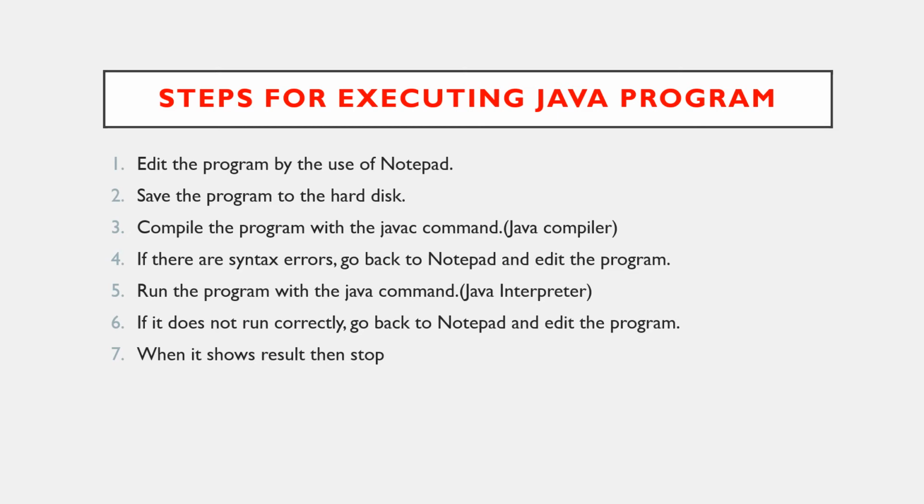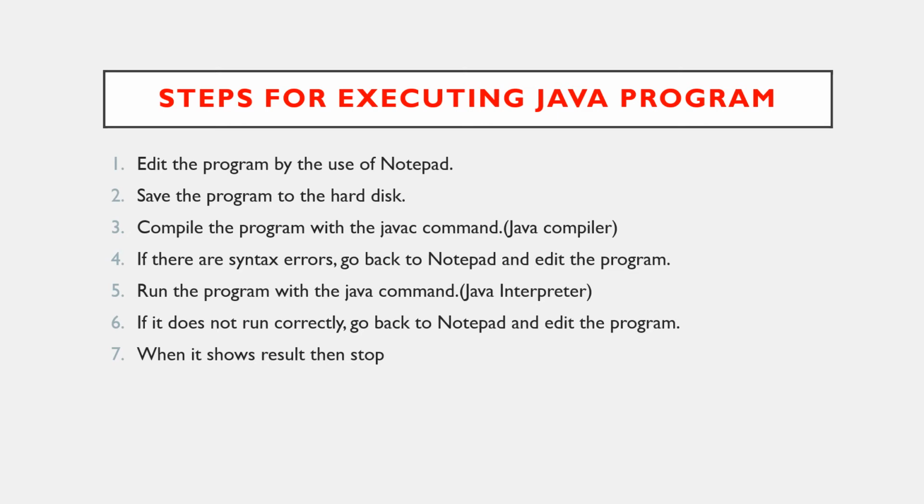Third step is compiling the program with the javac command, that means the Java compiler. Fourth step, if any syntax errors occur, go back to Notepad and edit the program.